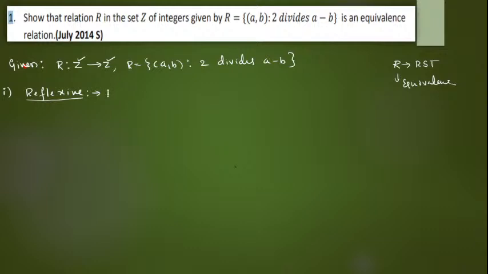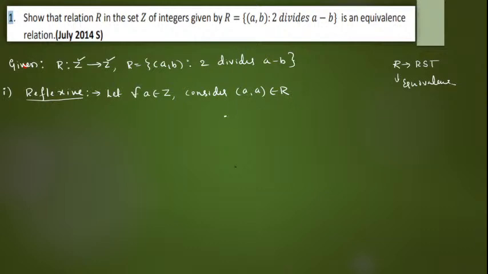Let us consider any integer a belonging to Z, because they have defined the set on Z. So a belongs to Z. Consider an ordered pair (a, a) belonging to my relation R. Reflexive condition means all the pairs (a, a) should be present. So (a, a) belongs to R.